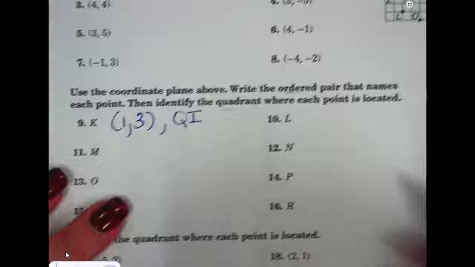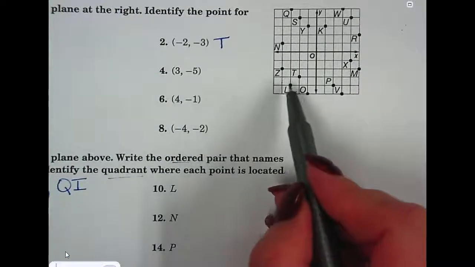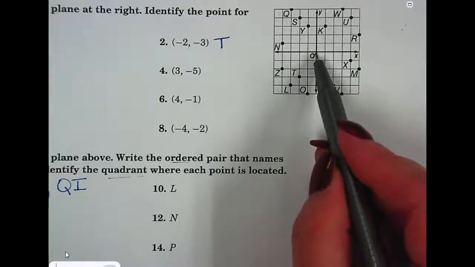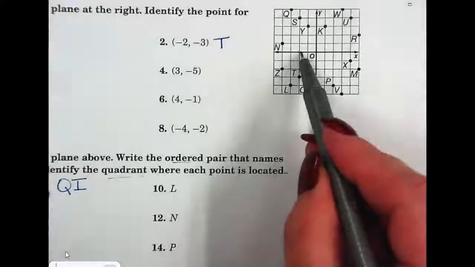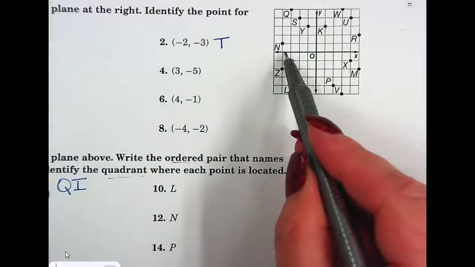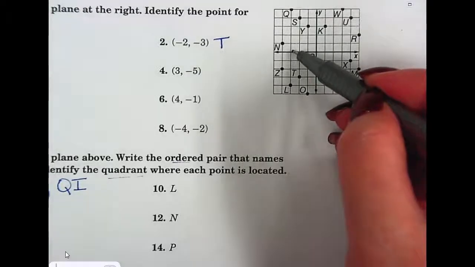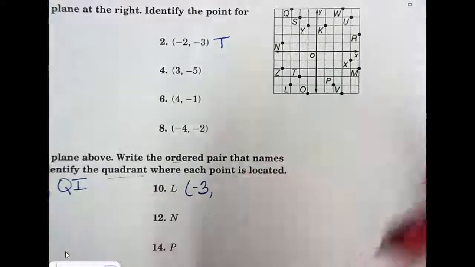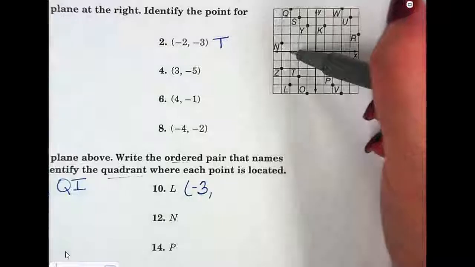All right, let's try the ordered pair for L. Here's L right here. So if I start at 0, am I going to go positive or negative? Negative. I'm going to go negative 1, 2, 3. Oh, wait a minute. 1, 2, 3. Negative 3. I might need some glasses to see that thing. Okay, and then from here, I'm going to go down.